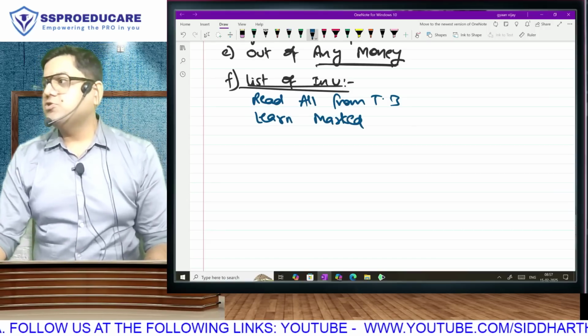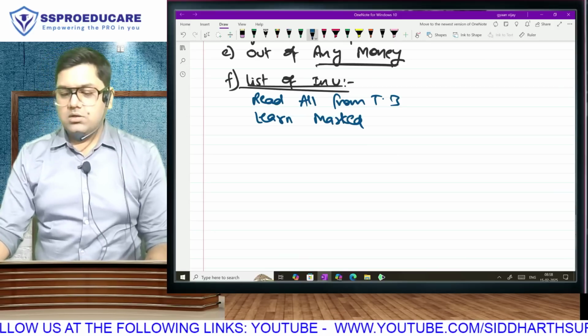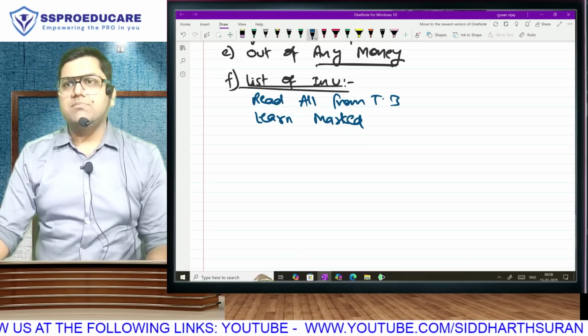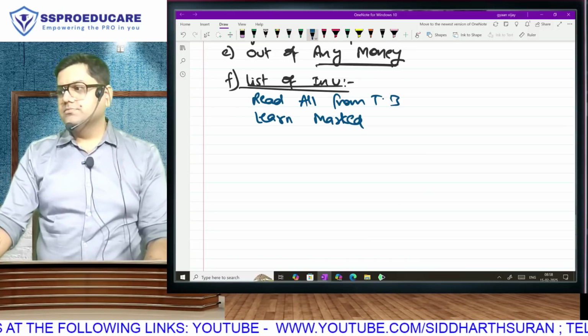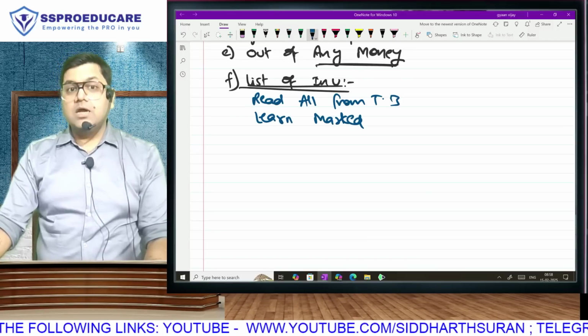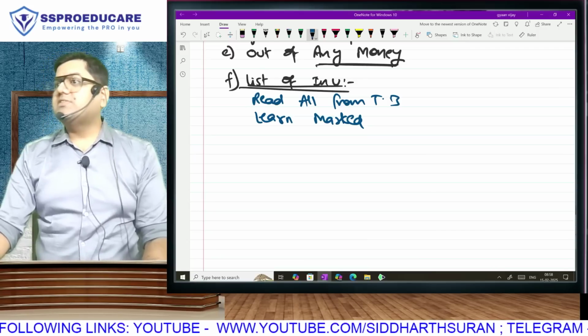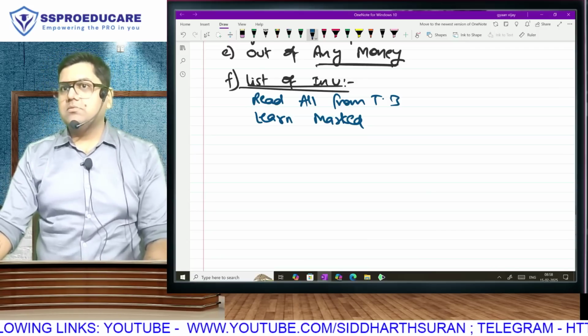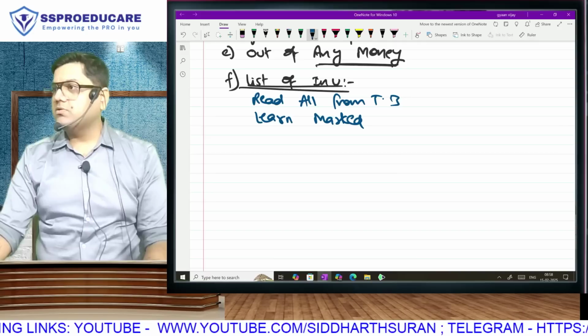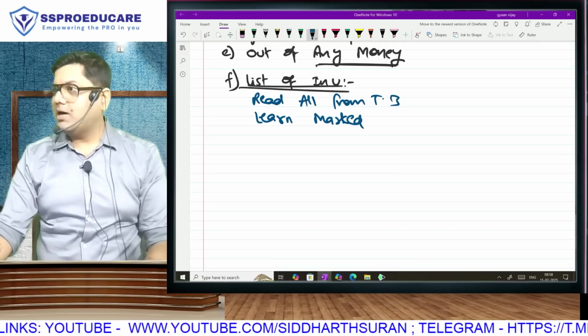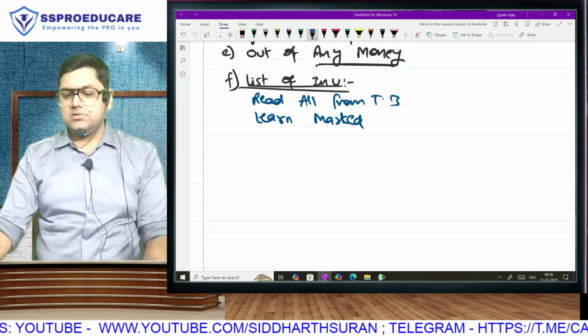Learn the ones which you have marked. Read all, learn the ones which are marked. The important ones which are asked very frequently in the exam, I am going to discuss them with you. I am going to make you mark those important ones.